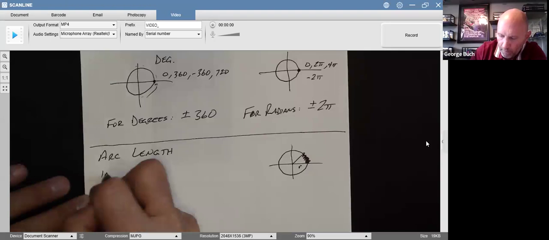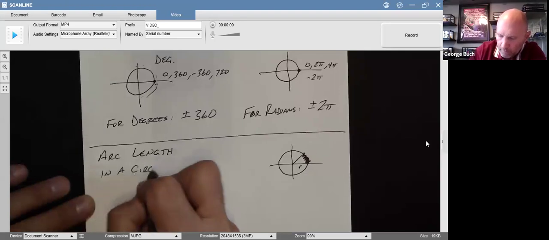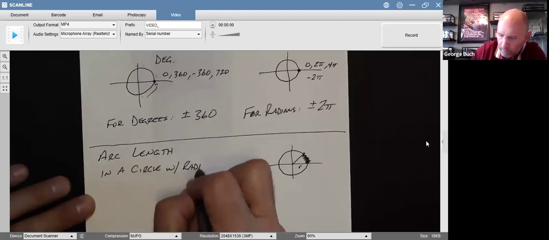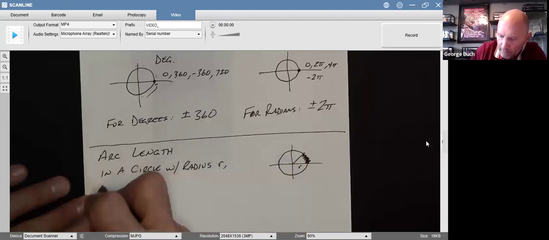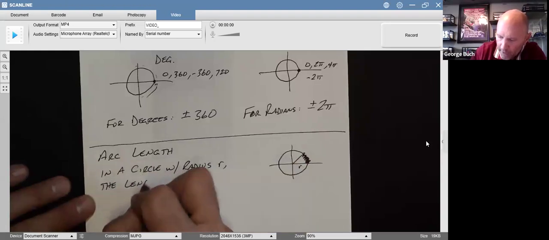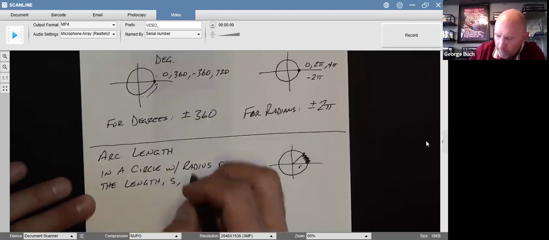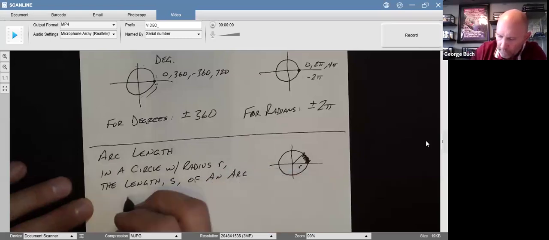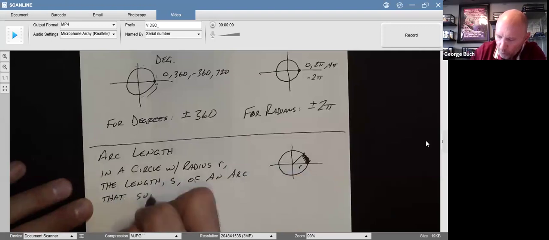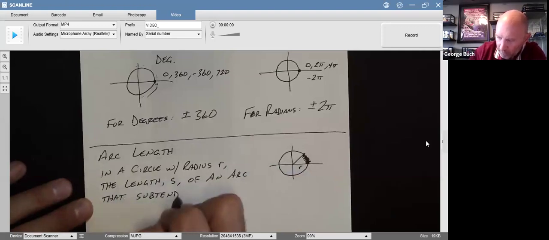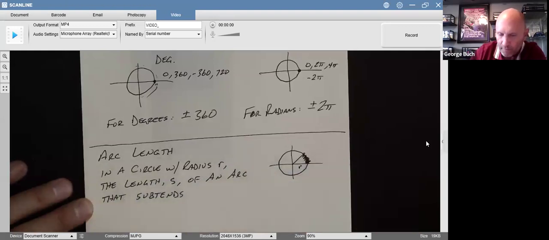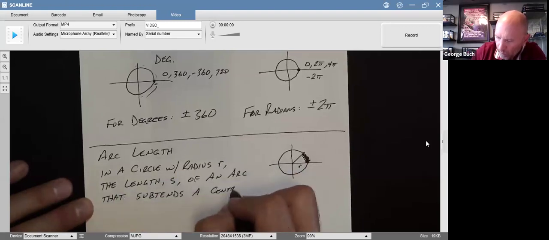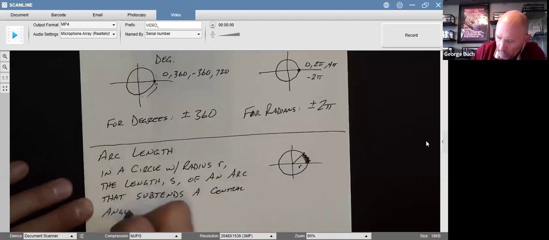So in a circle with radius r, the length s of an arc that subtends, so kind of a weird word there, but basically meaning goes around the outside there, a central angle of theta.